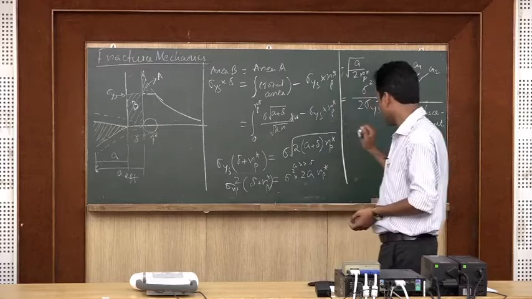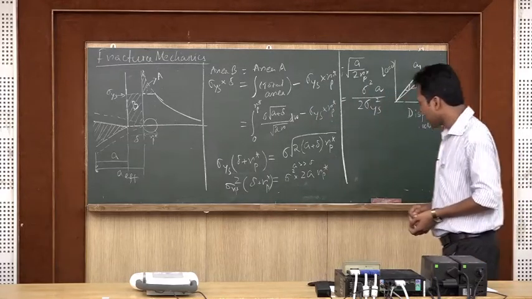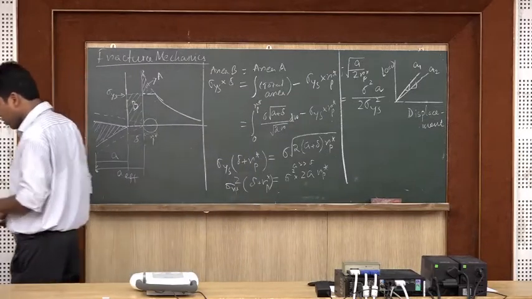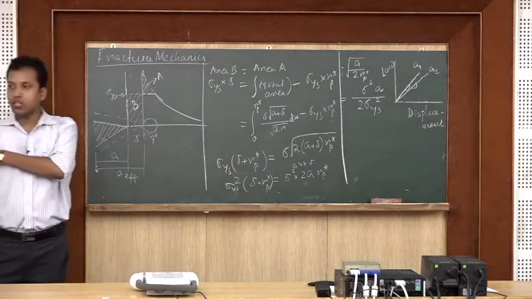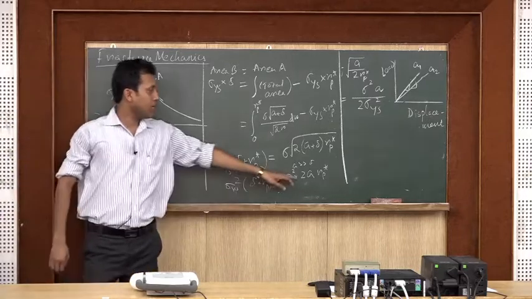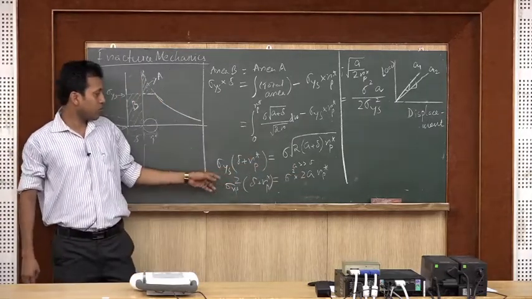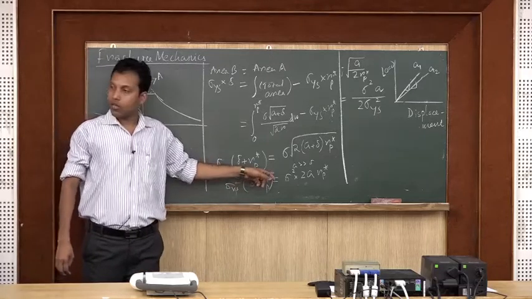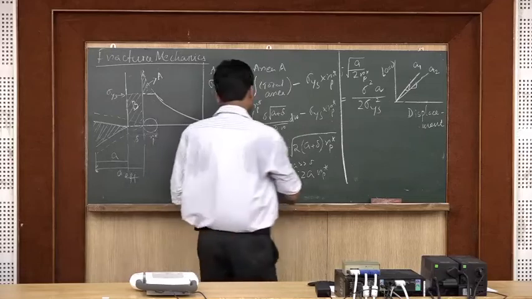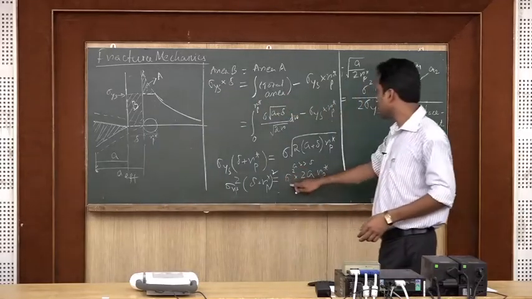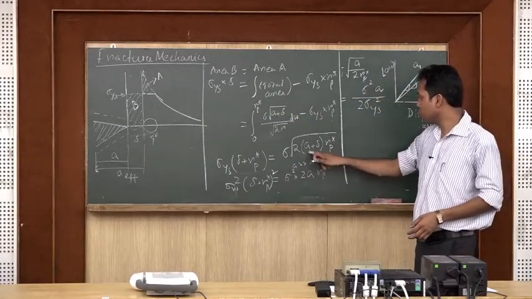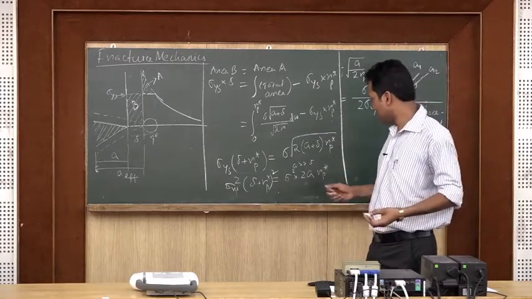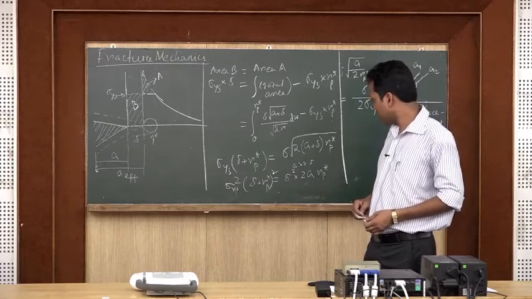As a is very much greater than delta, we take a small assumption that instead of a plus delta we write only a, and then we square both sides. So sigma ys square into (delta plus rp star) whole square equal to sigma square 2a rp star, right? Yes.